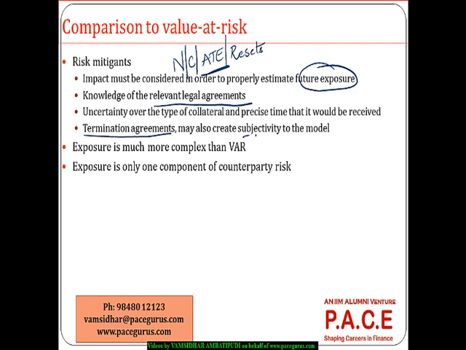So lots of subjectivity can come up, whereas in case of value at risk, all these things are literally not much required because everything is computed as of today. So the computation of exposure is much more complex than the computation of value at risk.